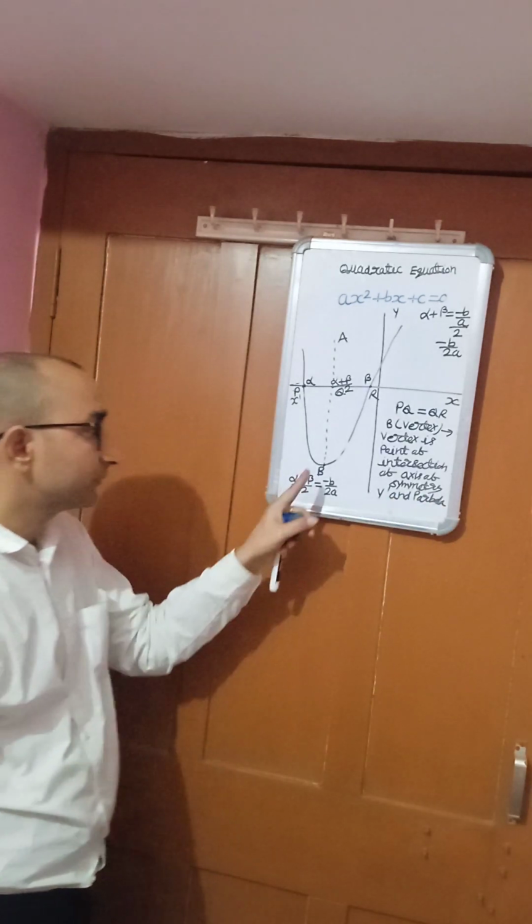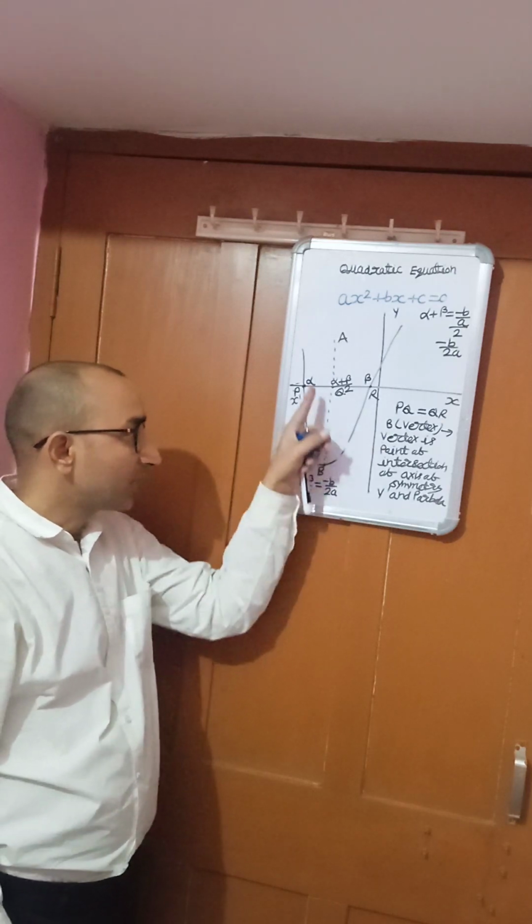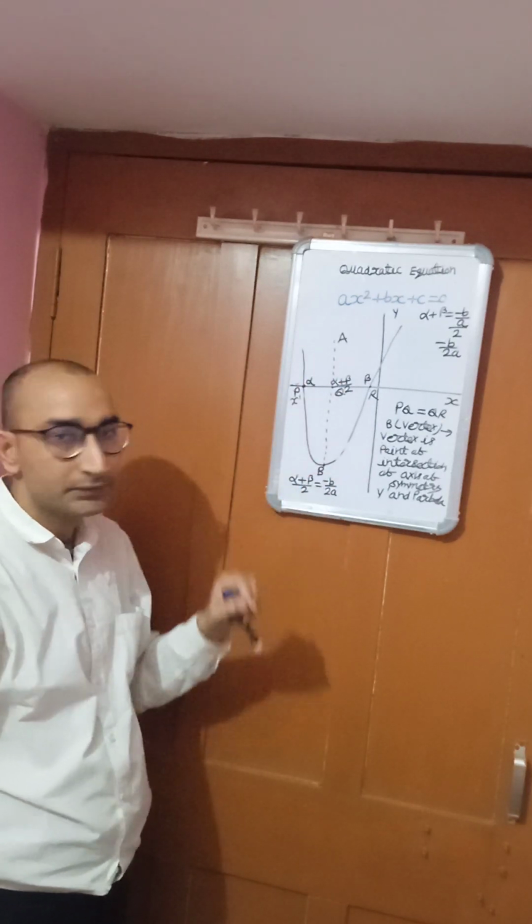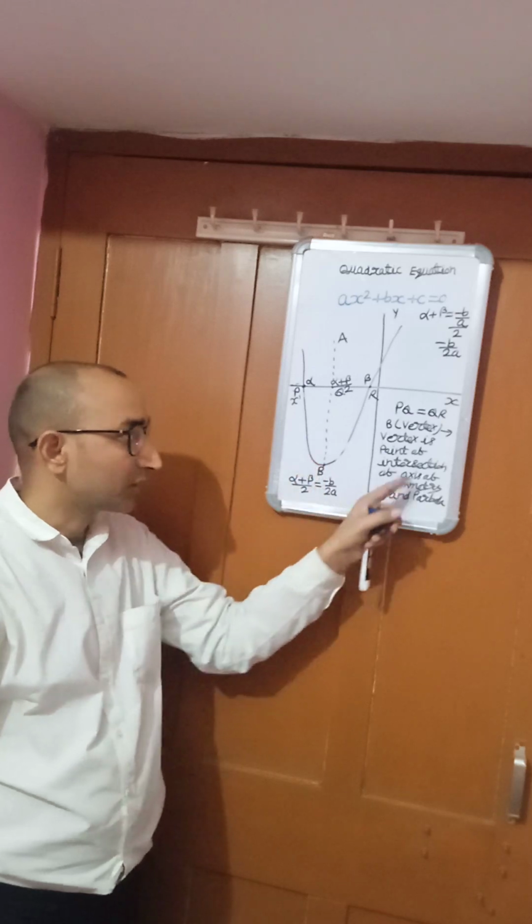What is vertex? This is vertex. Vertex means the point of intersection of the axis of symmetry and this parabola.